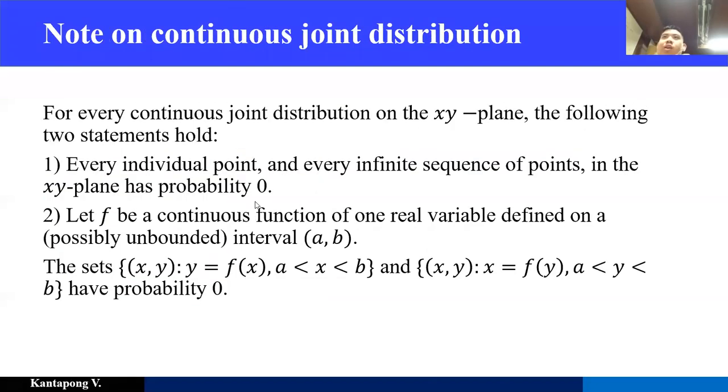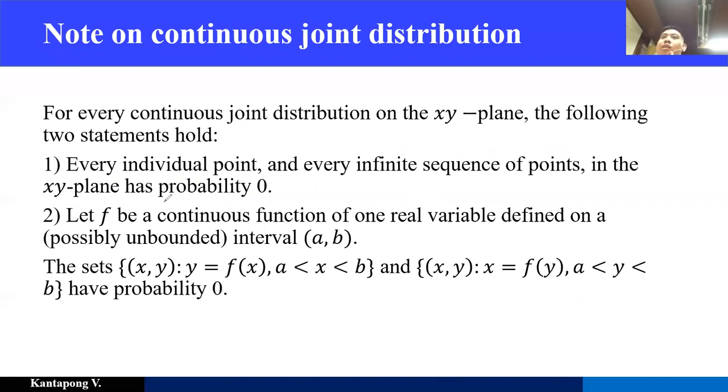Next. For every region of the xy plane, an additional property is that the integral is one. And every individual point and every infinite sequence of points of the xy plane has probability 0.